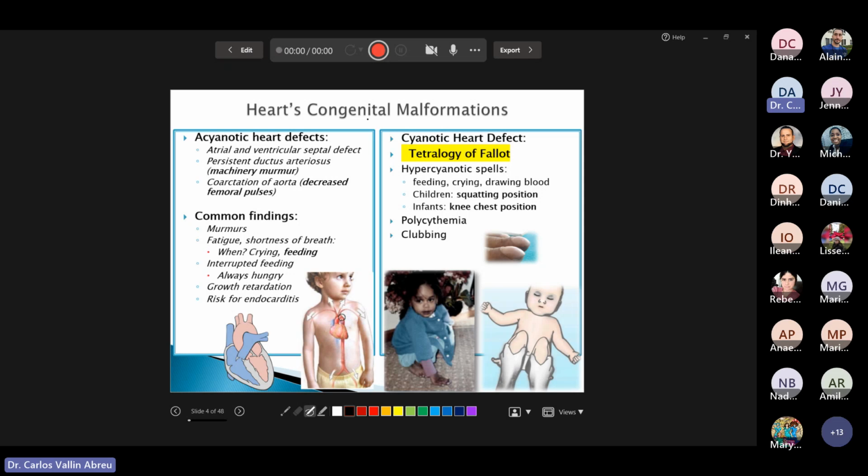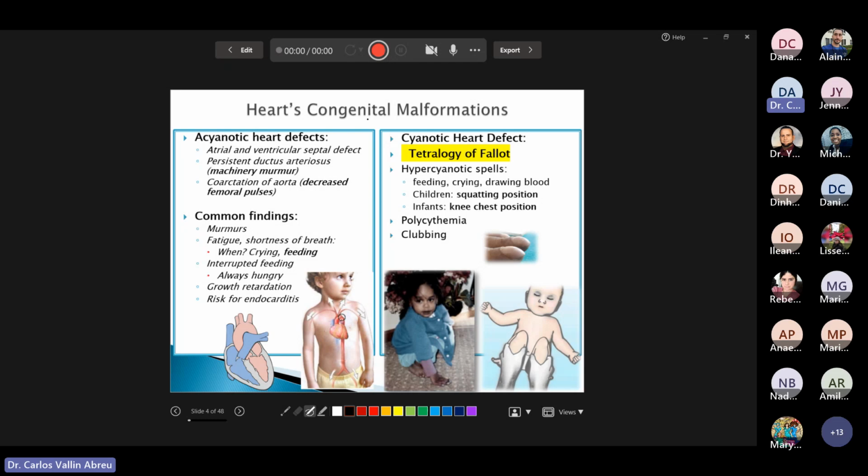So it could be an organic reason for failure to thrive, which is the term that we use when the babies are not growing and gaining weight as expected. And you notice a failure to thrive in a baby that is frequently hungry but interrupts the feeding.